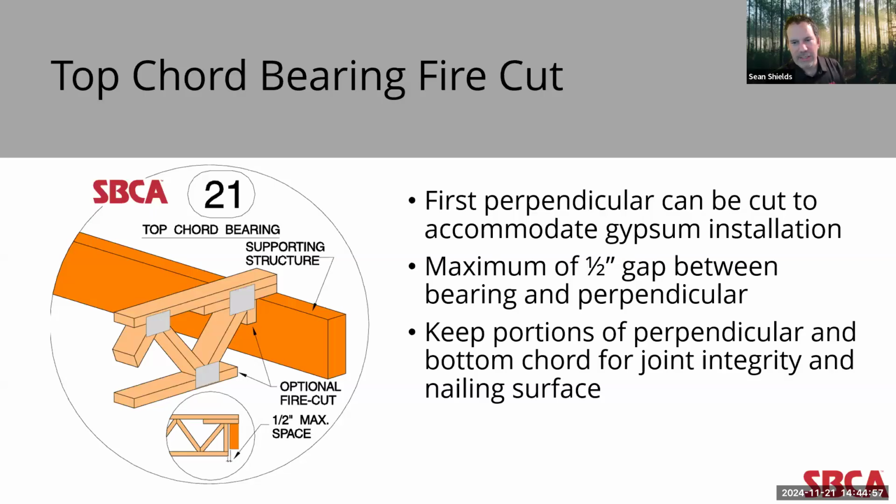But it also maintains the integrity of that controlling joint at the top chord, which again is carrying a lot of the bending forces of the truss at that location. And extending or keeping a section of that floor or bottom chord of the floor truss provides additional nailing surface for things like sealing gypsum.